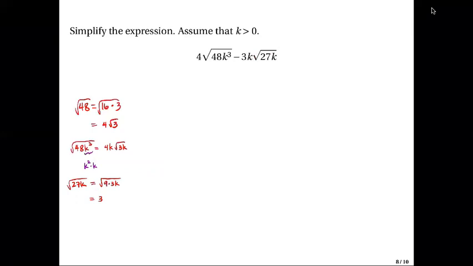So you will have 3 square root of 3k, which means this expression can be rewritten as 4 times 4k square root of 3k minus 3k times 3 square root of 3k.